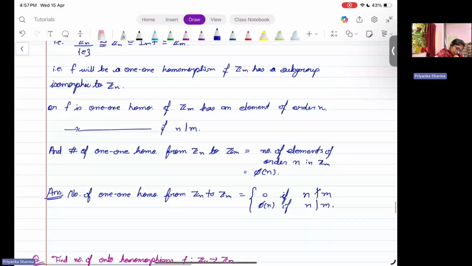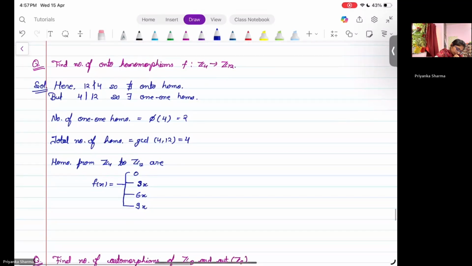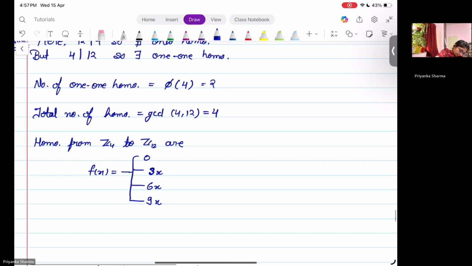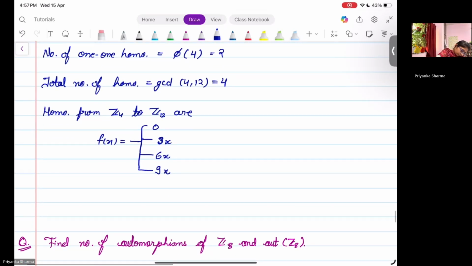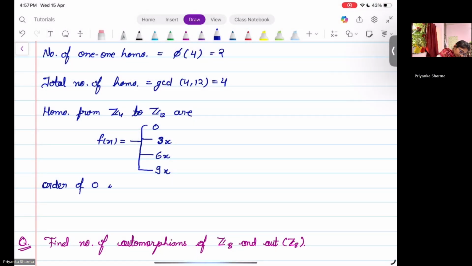Okay, and orders of these elements. So order of 0 is 1.